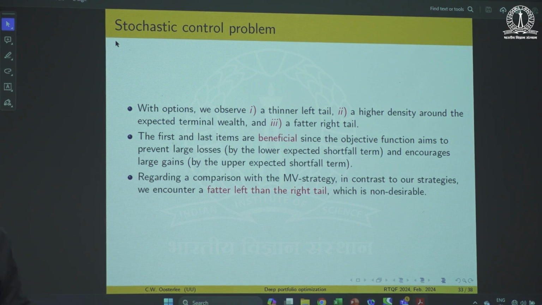All things that are rather beneficial for asset allocation. Right? So the first and the last are good because that prevents large losses and encourages large gains. And comparing to the mean variance strategy, we see a fatter left and right tail in mean variance, and that is non-desirable.